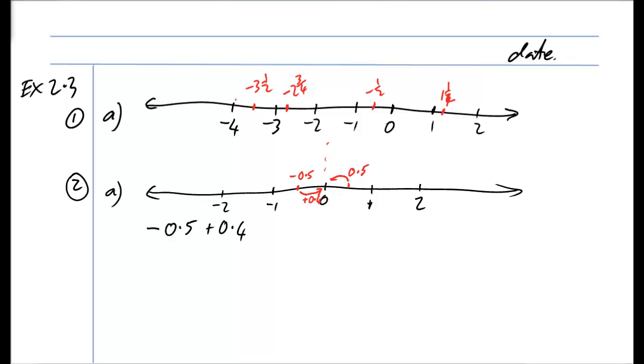So 0.5, take away 0.4. If you do that sum, 0.5 take 0.4, you get 0.1. But, of course, the answer for this one would be negative 0.1, because it's back this way a little bit.